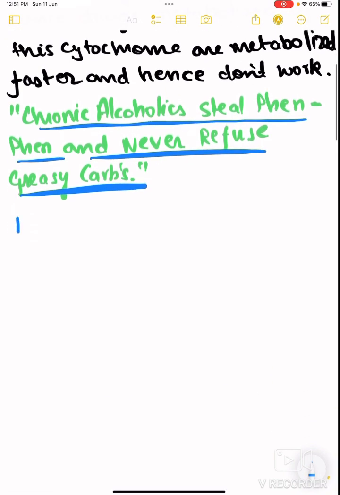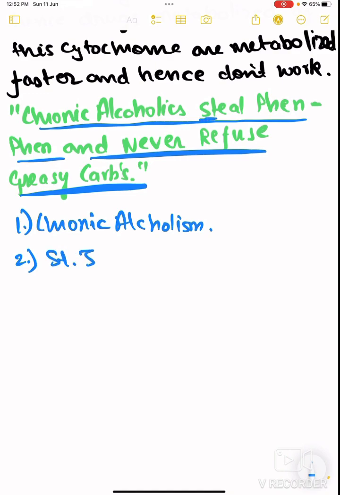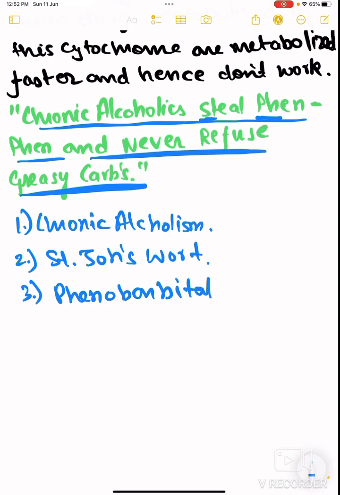Okay, so first, chronic alcoholism is an enzyme inducer of cytochrome P450. Then steal, St. John's wort. Then phene. Phene stands for phenobarbital. Then another phene stands for phenytoin.